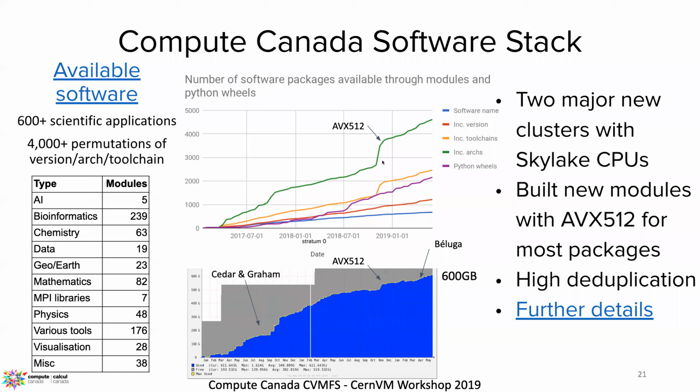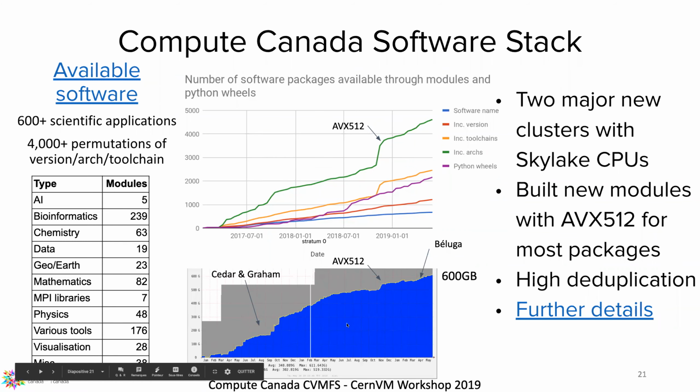It took about a week to recompile 600 different software. Then there were a couple of oddballs that did not compile with AVX512 because of some bug in the compiler or various other reasons. But the vast majority of the stack we were able to recompile in a matter of a couple of days.